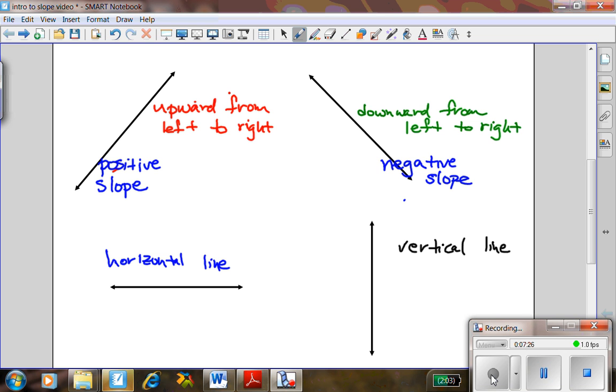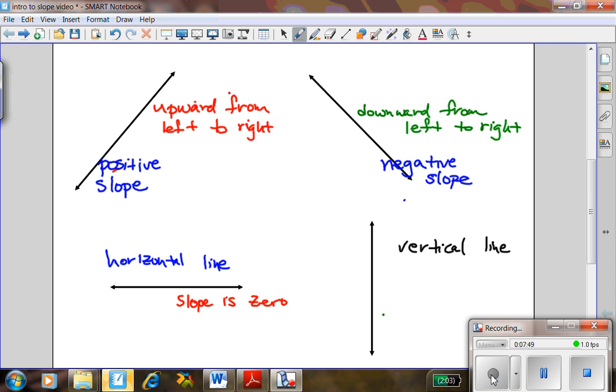Okay, you also could have a horizontal line, like this one down here. And if you have a horizontal line, that basically means there's no change. If there's no change, that means your slope is 0. And then last, you could have a vertical line, which means straight up and down.